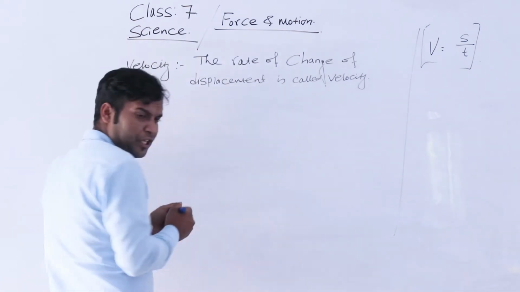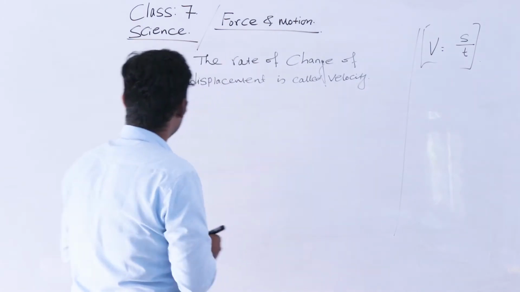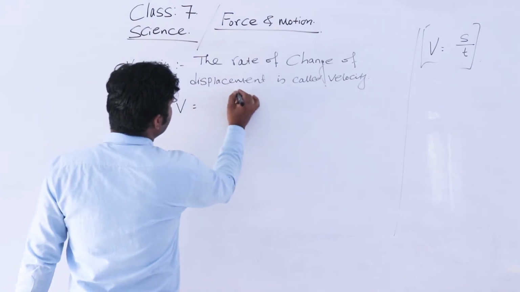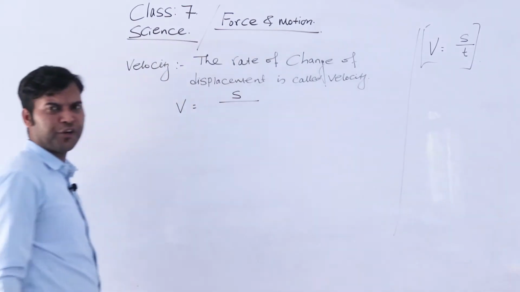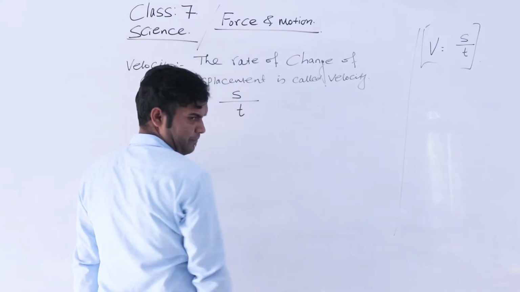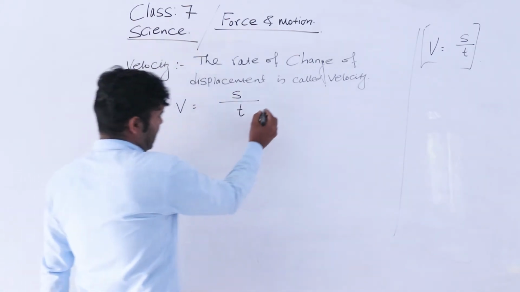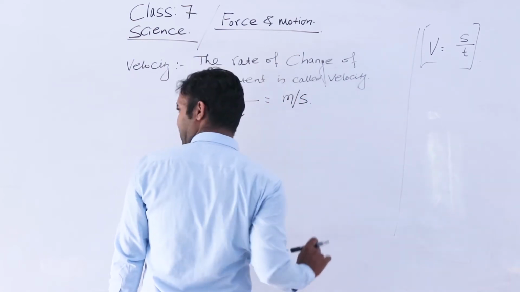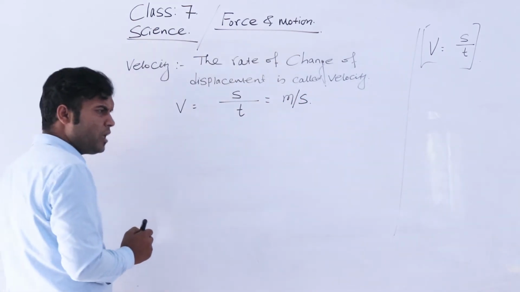The rate of change of displacement or distance is called velocity. Simply, velocity is denoted by v. It is equal to displacement, denoted by s, upon time, denoted by t. The unit of velocity is also meter per second.